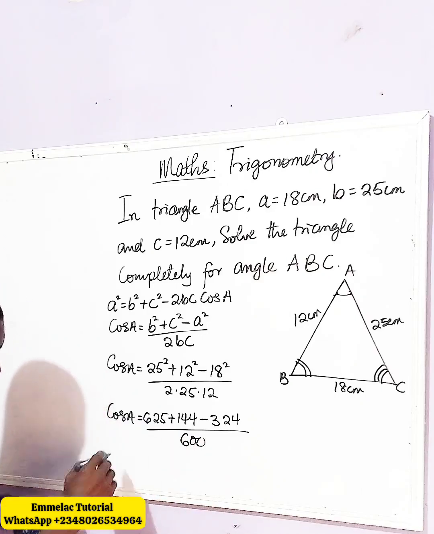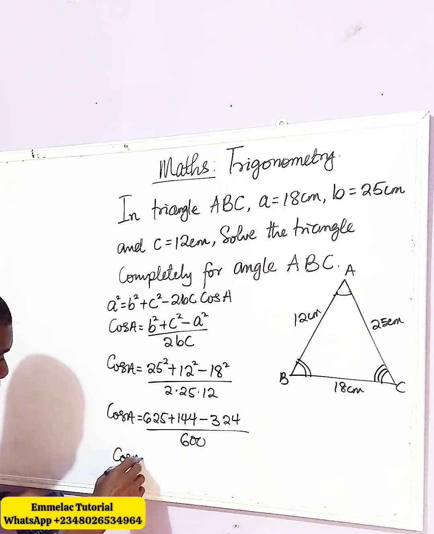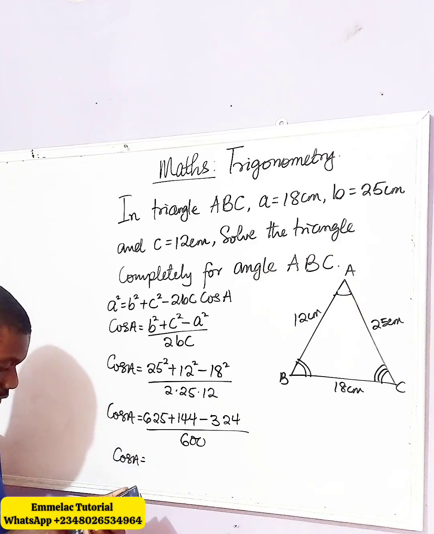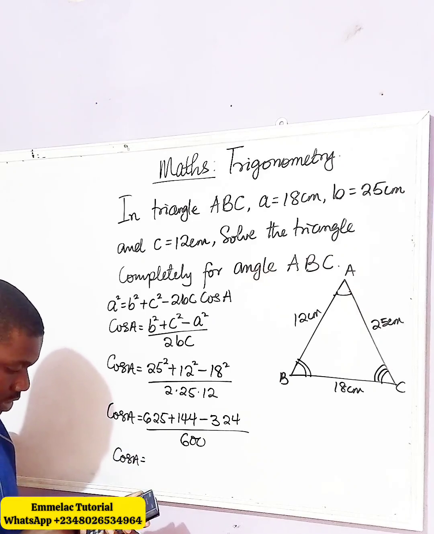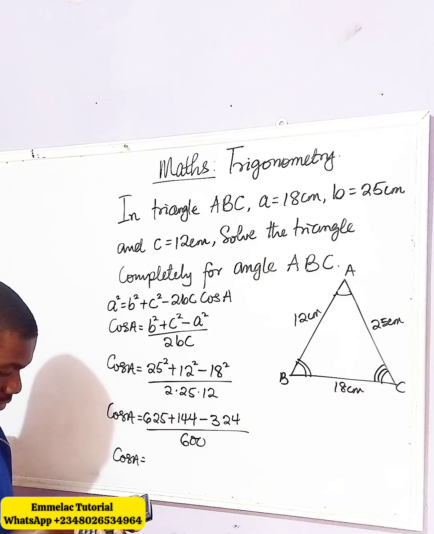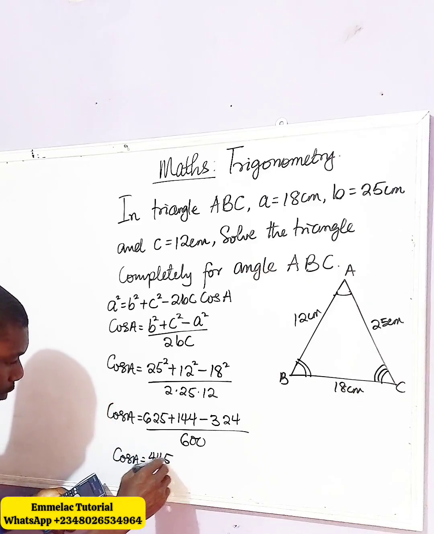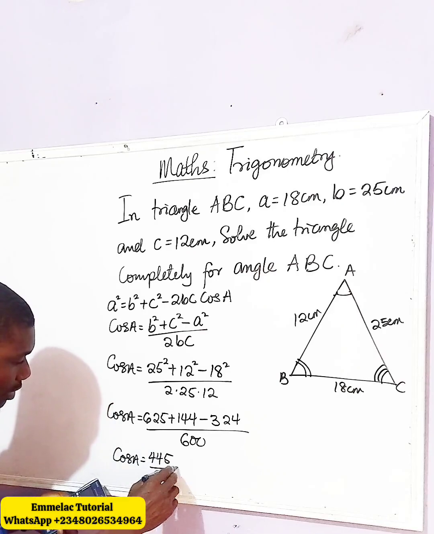Now cos A will then give us, let me just sum up the numerator: 625 plus 144 minus 324 will give us 445, all over 600.